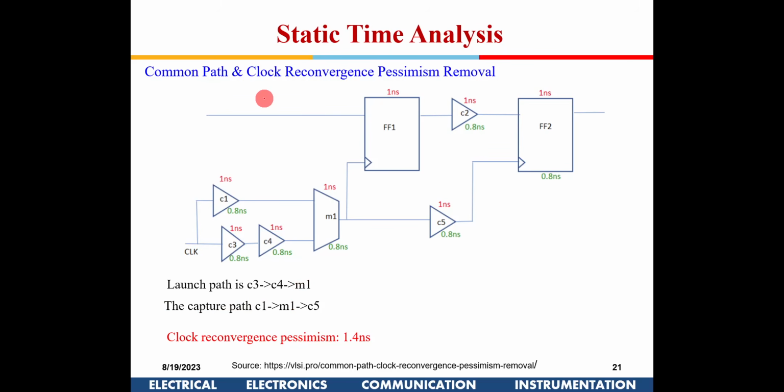Right, and there is something known as clock reconvergence pessimism removal, the second part. Now many times there could be a mux in the circuit, and this is one clock and this is the second clock path. So for different conditions, this clock might be used from this path or this path.